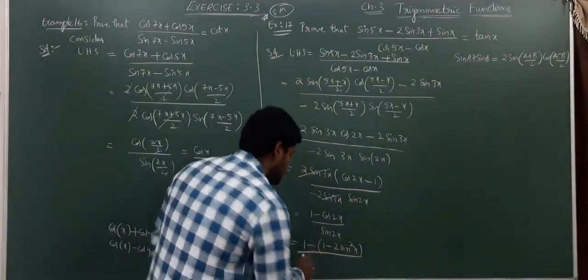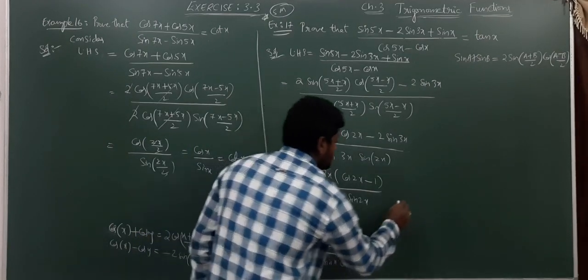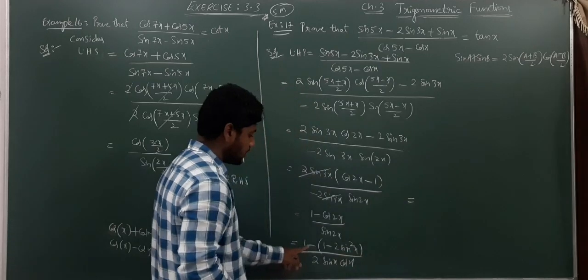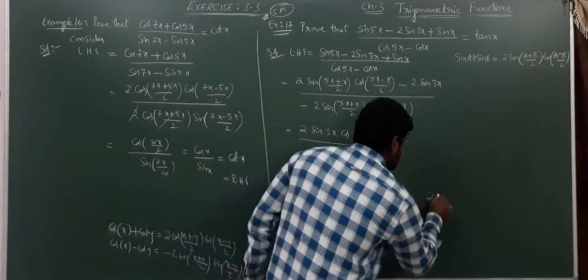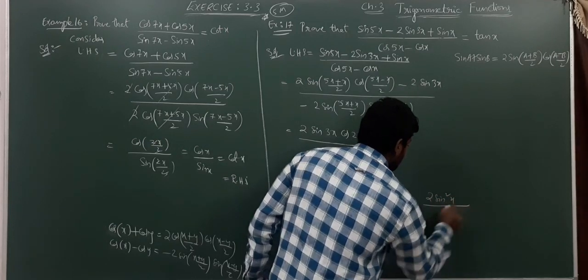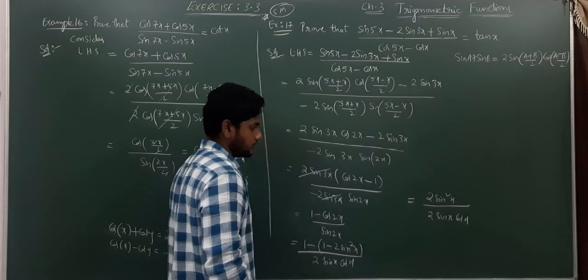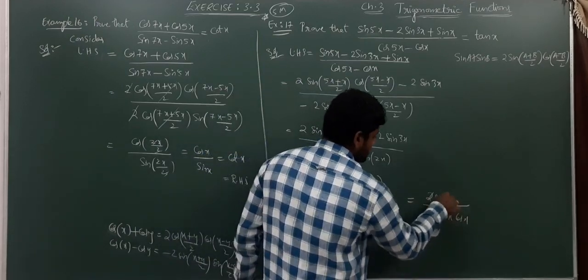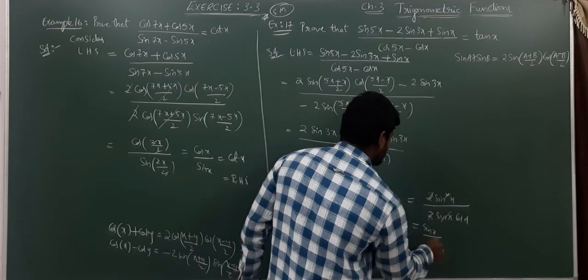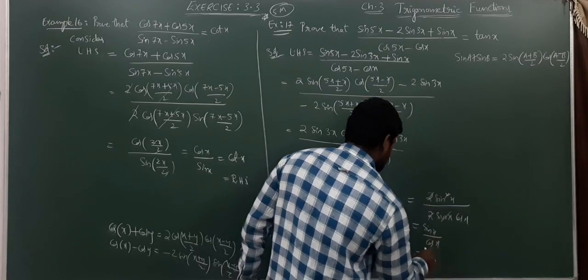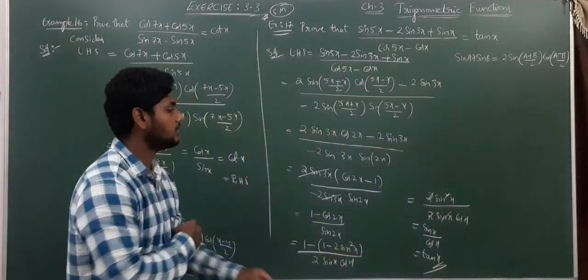We know the sin 2x formula, 2 sin x into cos x. So 1 minus 1 cancel, minus into minus plus 2 sin square x divided by 2 sin x into cos x. So 2 and 2 cancel, sin square and 1 sin cancel, which is sin x by cos x, which is equal to tan x.